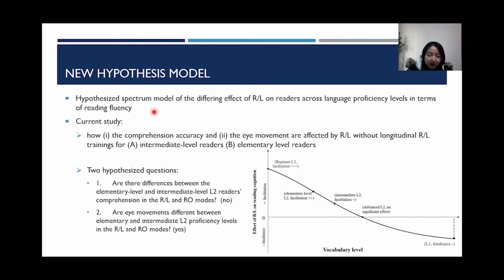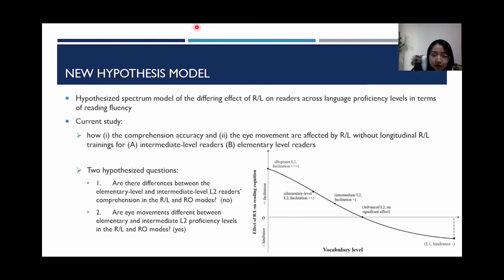Now, based on this hypothesis, we were prompted to propose a spectrum model that basically concludes the differing effect of RL on readers across language proficiency levels or vocabulary levels, when we discuss in terms of their cognitive effort and reading fluency.